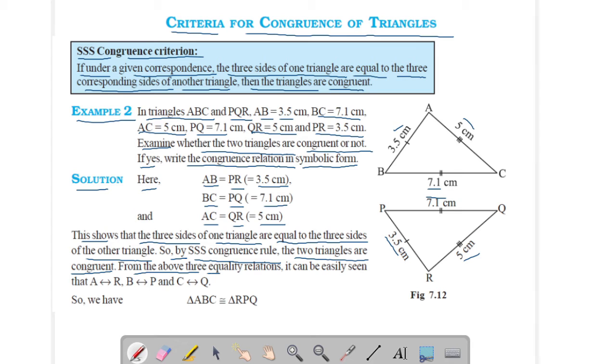From the above three equality relations, it can easily be seen that angle A corresponds to R, B corresponds to P, and C corresponds to Q. So we have triangle ABC congruent to triangle RPQ.